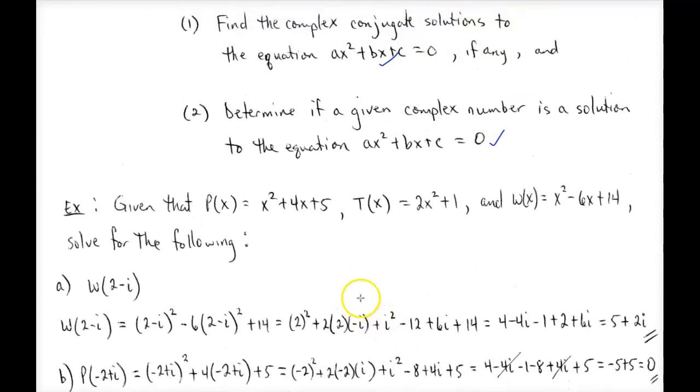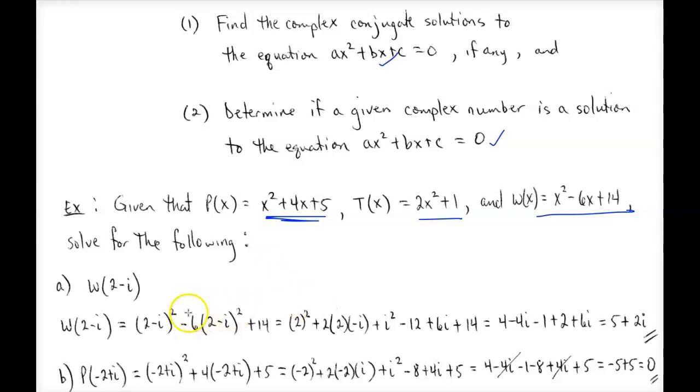So the first one, we want to know for this particular quadratic function here, and this one, we want to evaluate them at these following complex numbers to see if indeed they will be solutions to the quadratic equation, whatever you're seeing for p of x, t of x, or w of x equals 0.